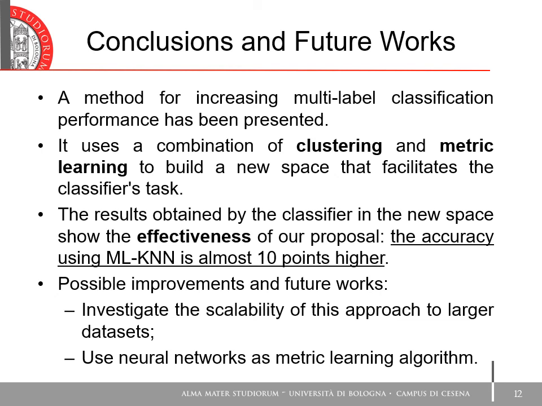Based on this work, many possible future developments can be identified. It might be interesting to investigate the scalability of this approach using larger datasets. Furthermore, classic metric learning algorithms could be replaced by neural networks to try to achieve even better performance.